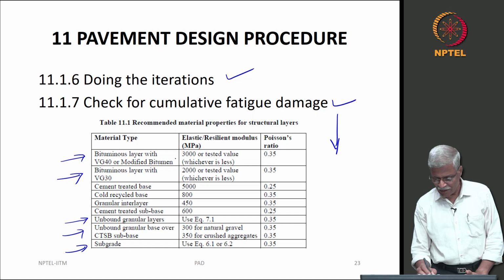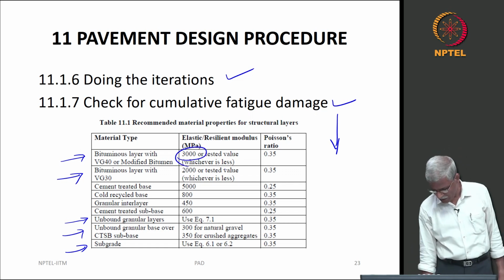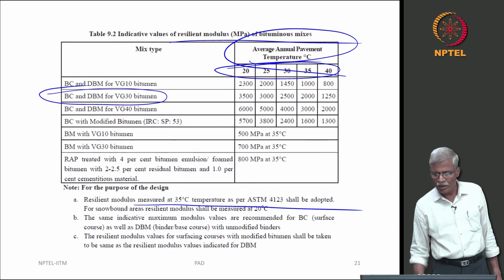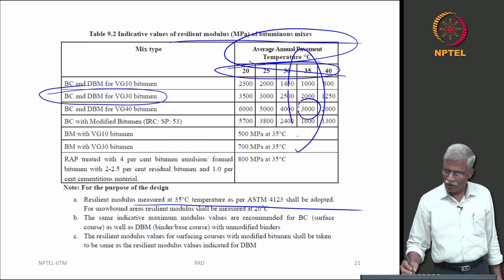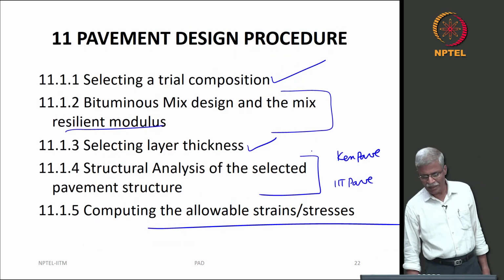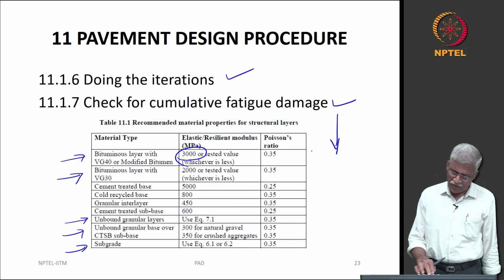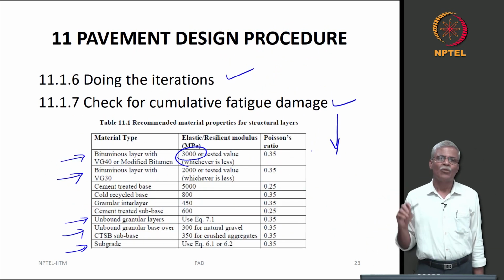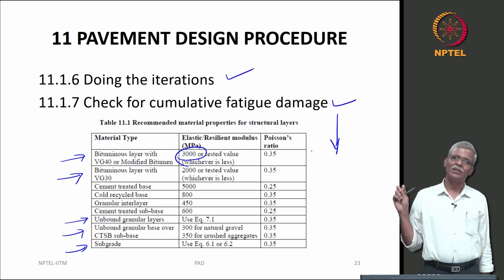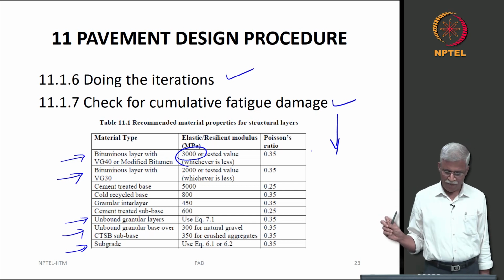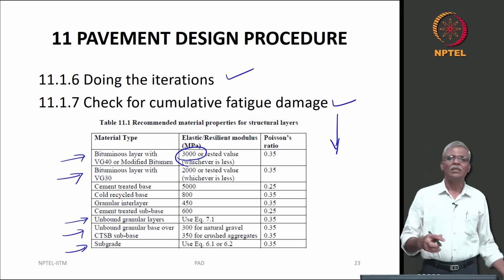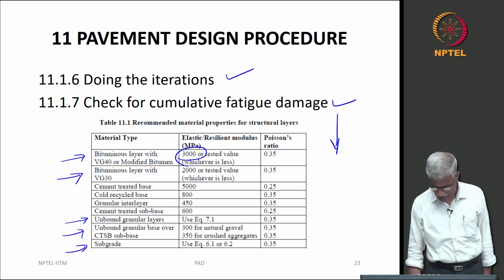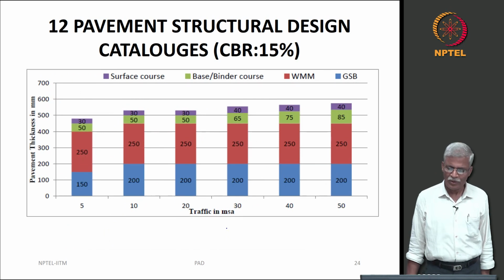So you can actually see 3000 MPa with VG40 bitumen corresponds to 35 degrees centigrade. So, 35 degrees centigrade for annual average pavement temperature, and for the various subgrade modulus values, there are designs that have been worked out.